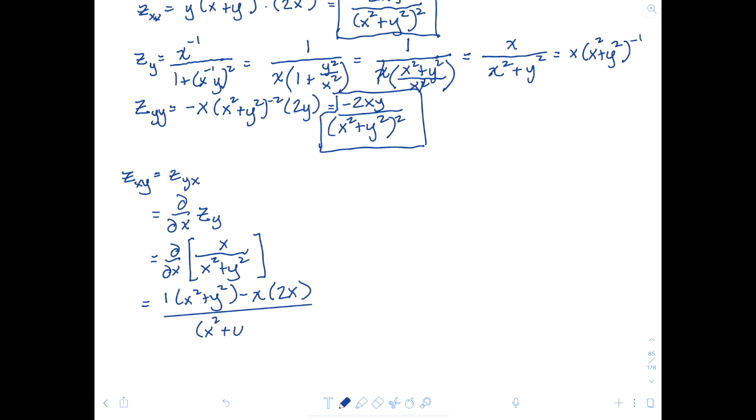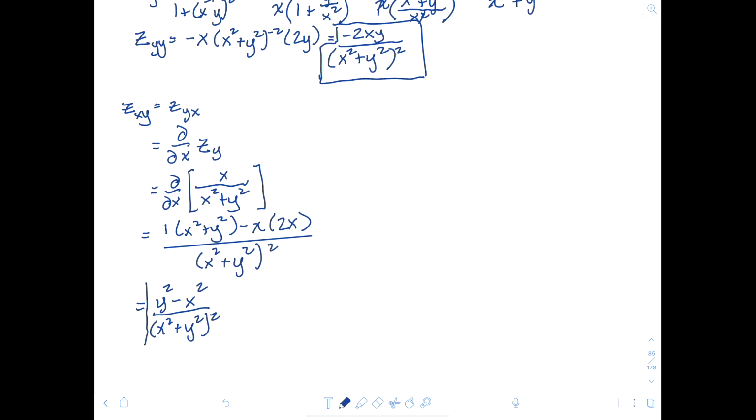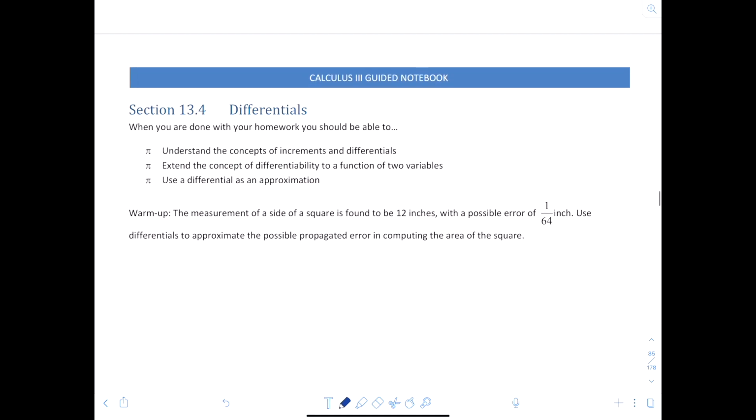So we'll have x squared plus y squared squared. Cool so far? So when you combine like terms, you have 1x squared minus 2x squared. So I think we'll get y squared minus x squared over x squared plus y squared squared. And we're good, because remember that zxy equals zyx. Groovy?